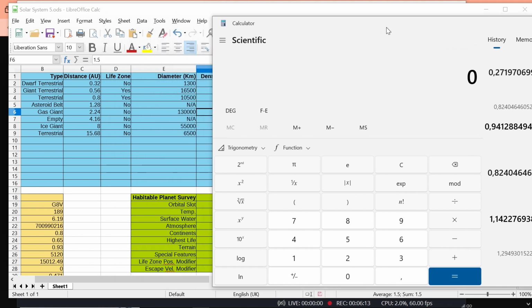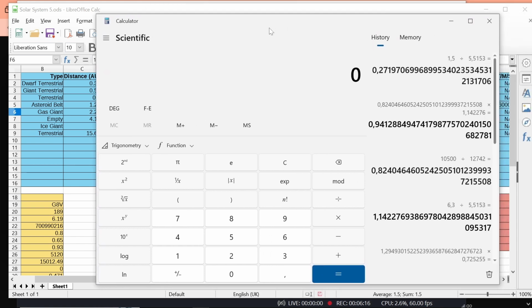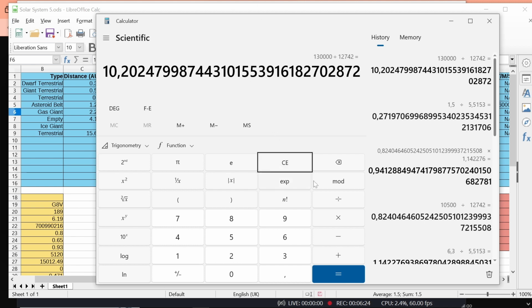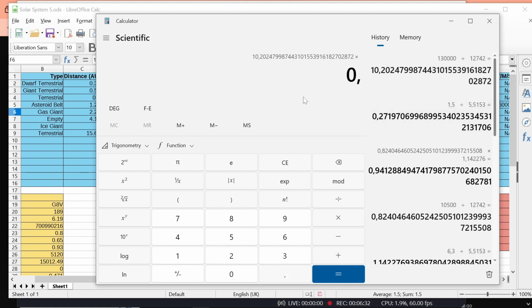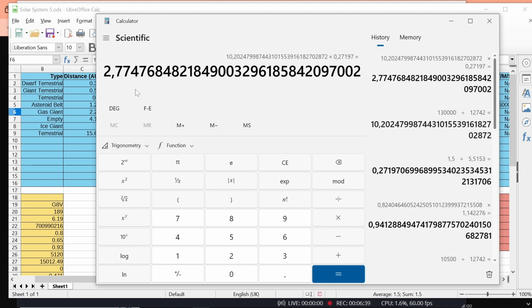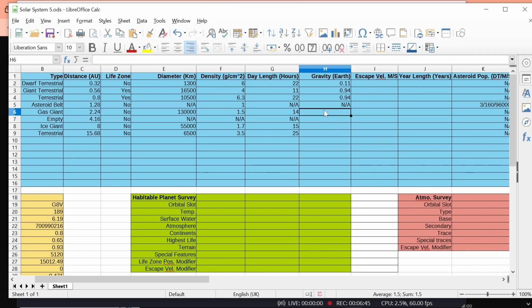The diameter was 130,000. 130,000 divided by 12,742 equals this, and we'll multiply that by our last number over here, which is 0.271970, to give us a gravity of 2.774. I'll round that to 2.77. Empty space has no gravity.